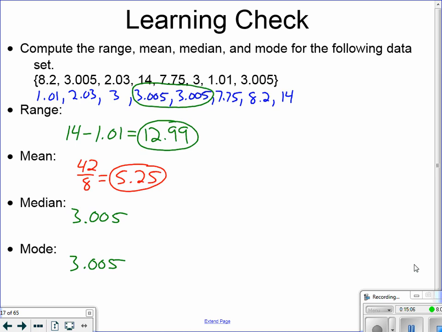If you want to try that, you could go ahead and do that. Take 3.005 plus 3.005, see what you get for an answer there, and then divide it by 2. You'll just get 3.005 again. And then the mode, again, mode is most. 3.005 is there twice. All the other numbers are just there once. So 3.005 is your mode.